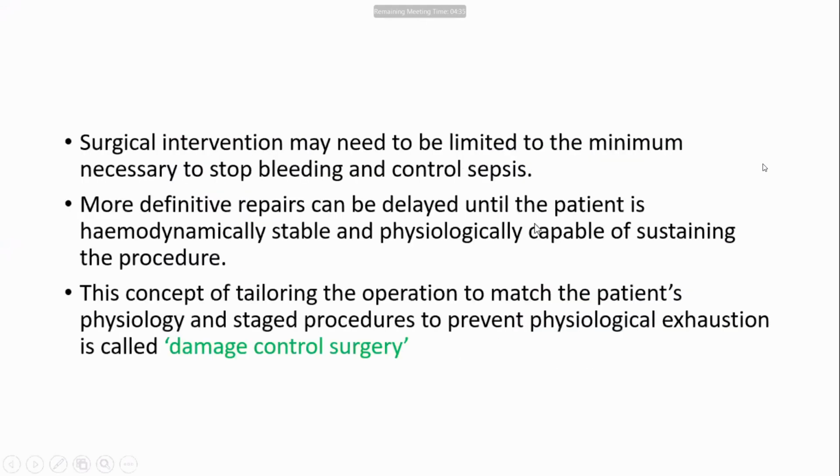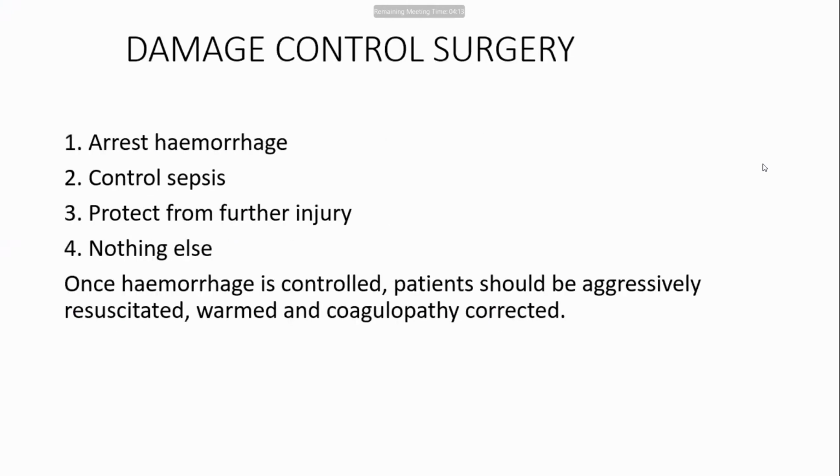Surgical intervention may be limited to the minimum necessary to stop the bleeding. There is something called damage control surgery, meaning the patient may need surgical intervention which is not the actual definitive intervention. Surgical intervention is given so that there is less damage, and we will do the definitive treatment only after the stabilization of the patient. And damage control surgery has 4 headings.